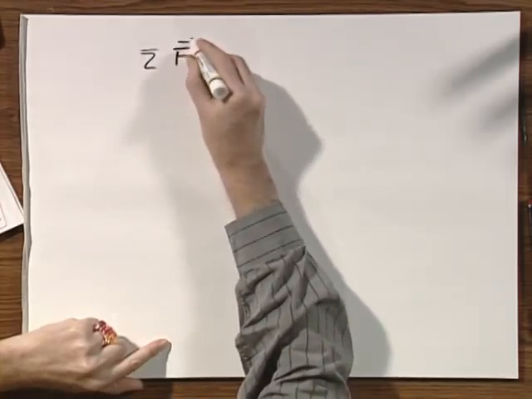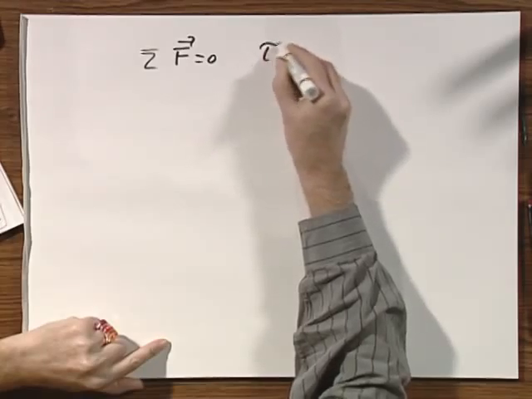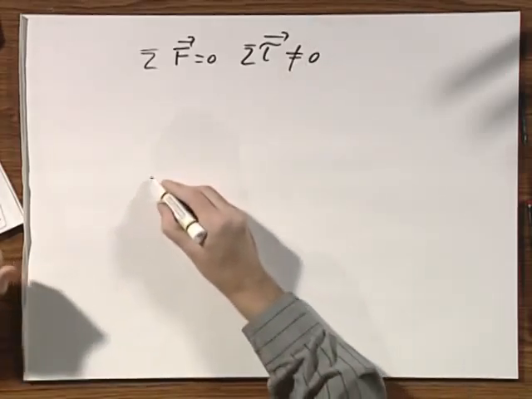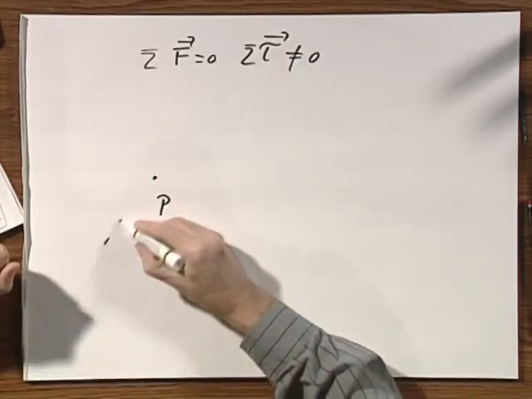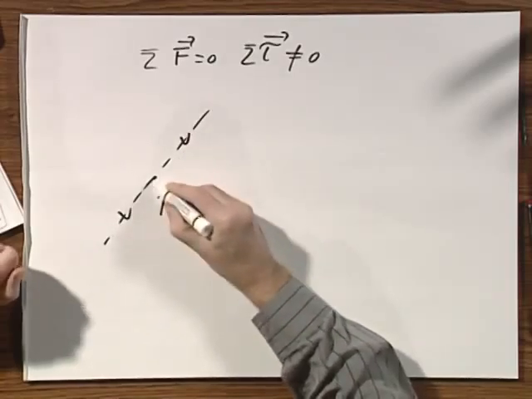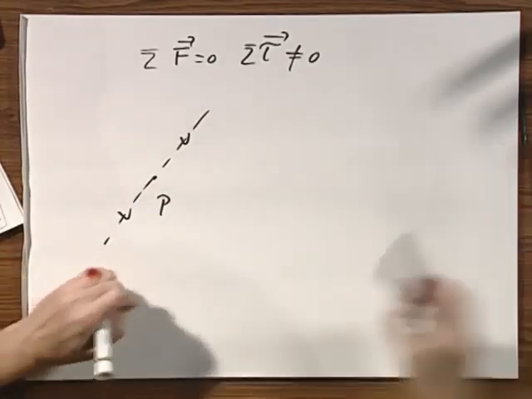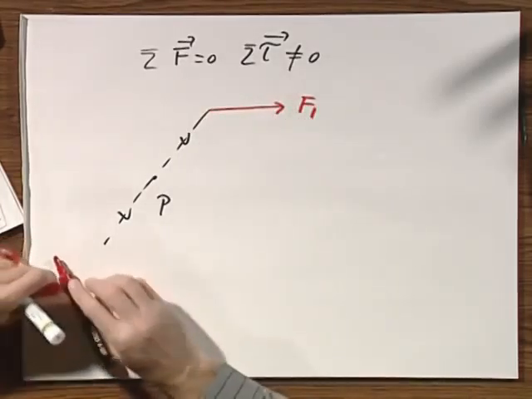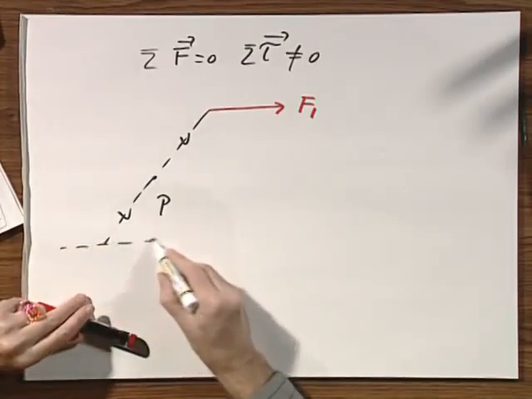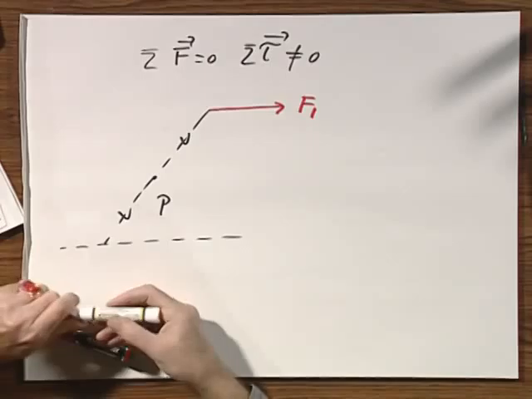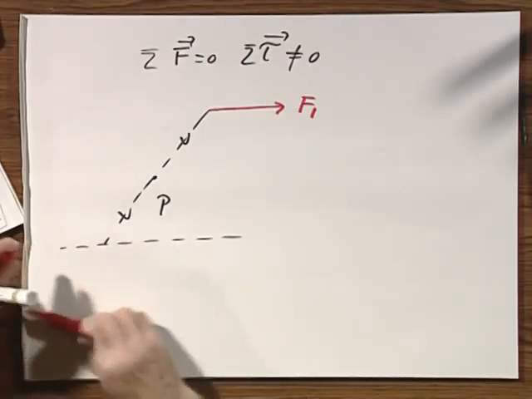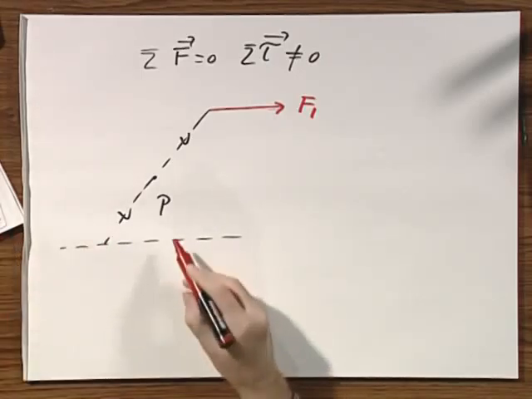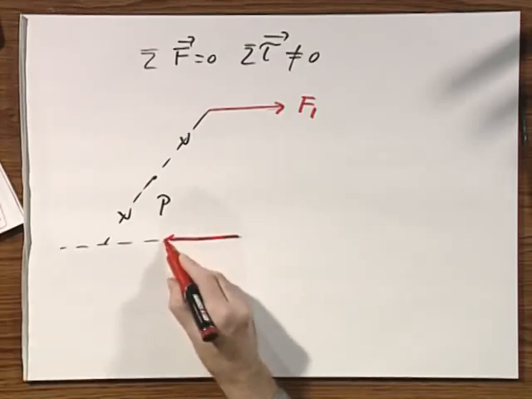So the sum of all forces is 0, but now the sum of all torques is not 0. Suppose we have here point P. This distance is the same as this distance, and I have a force F1, which is in this direction, and I have a force F2, which is in magnitude the same, and it acts along a line which is parallel to the working line of F1, and say the force is here, F2.